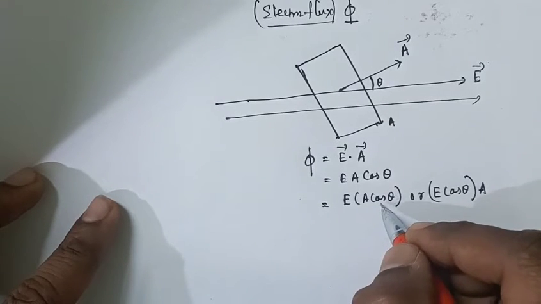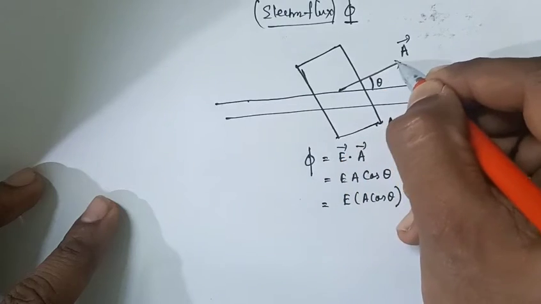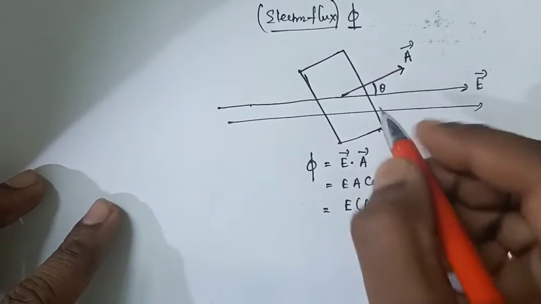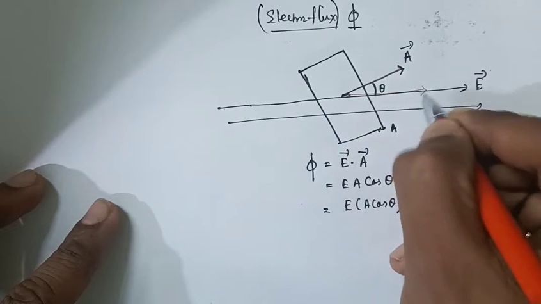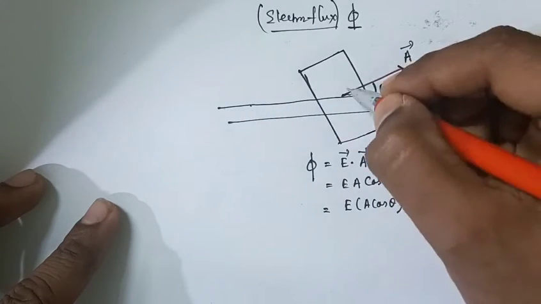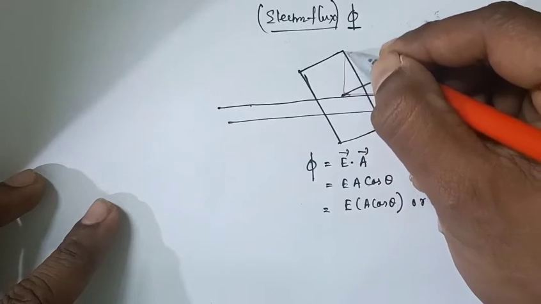If I treat A as a vector, how many components does A have? This is one component, A cos theta, and there will be another component of A, which is nothing but A sin theta.